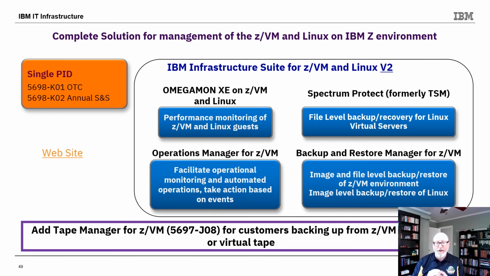Operations Manager, which I mentioned briefly, is kind of the bread and butter of doing operational management, automation, monitoring and alerting, as well as some spool file management. Backup and Restore Manager for z/VM is the last one there, and also the tape manager for z/VM is available as well. That's not part of the infrastructure suite, but you can also get that. And all of them are up to date and in support of z/VM 7.2.